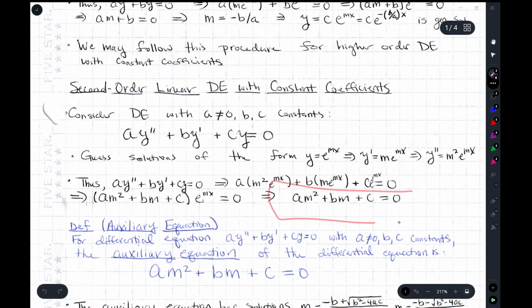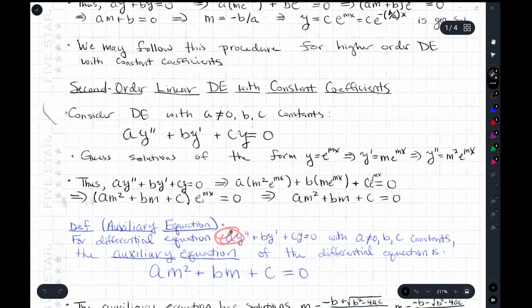And this equation here is very important, especially in second order differential equations, so we're going to define it, okay? For the differential equation that you see here, with, of course, constant coefficients and a not equal to 0, the auxiliary equation of this differential equation is what you see here, okay?